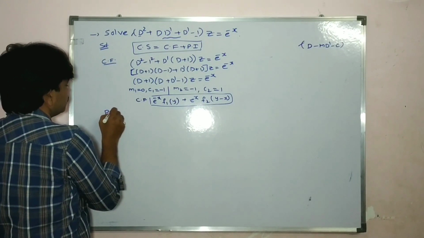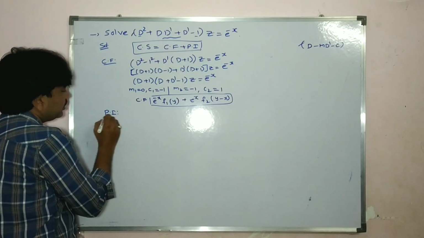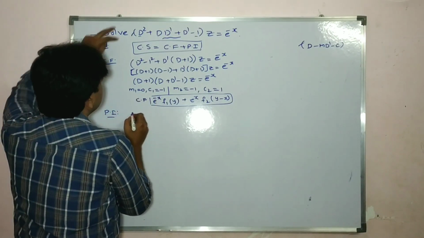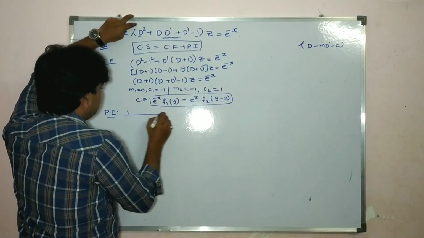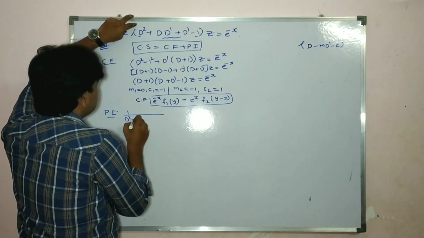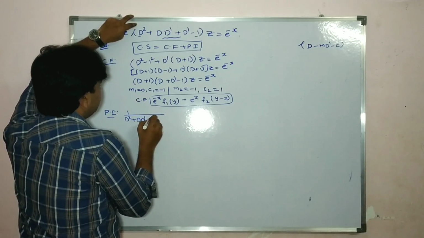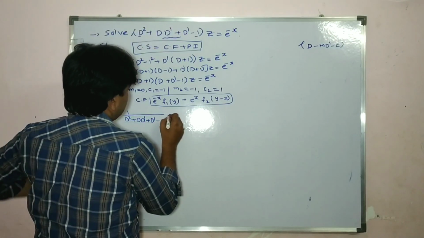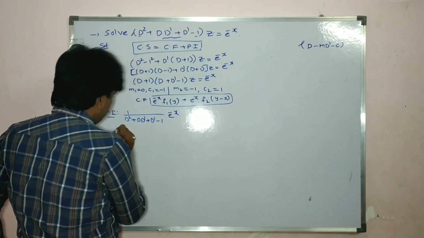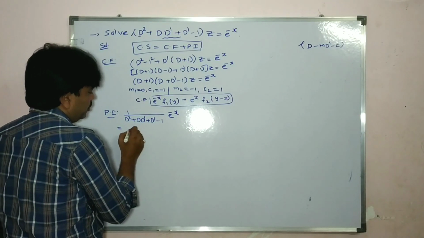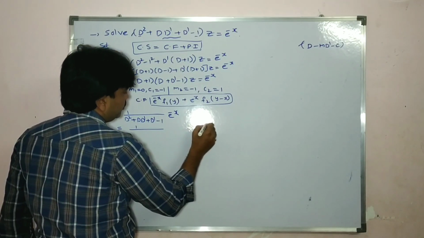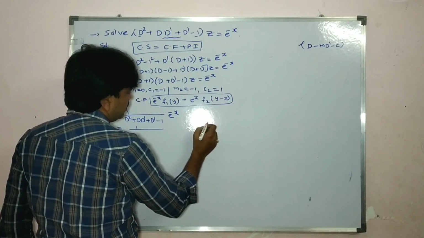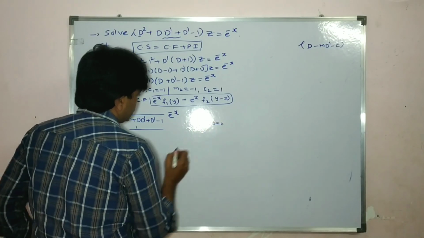Now, the particular integral, students. What is the particular integral? You take this one: 1 by (D² + D' + D' - 1) times e^(-x), that is equal to 1 by f(a, b), where the a value is minus 1 and the b value is 0, students.